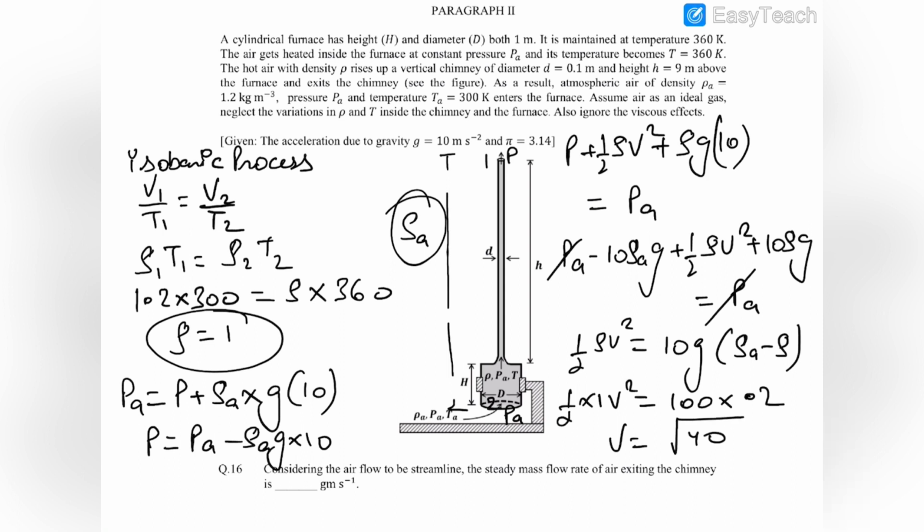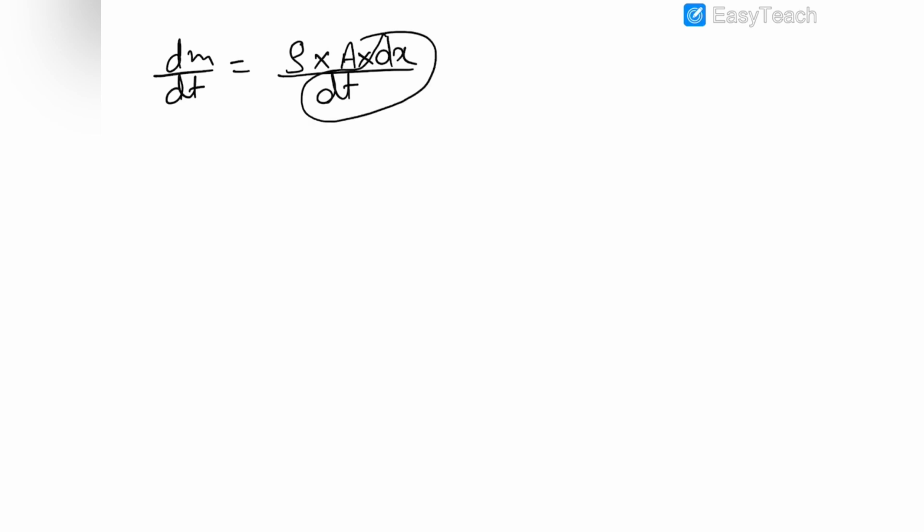Okay, and the mass density. Now we have to find out the mass rate of flow. So we know that dm by dt, in fact, we can write down dm as rho dv, and dv is the volume of air leaving out. So rho dv would be rho into A into dx upon dt. Dx upon dt is v.